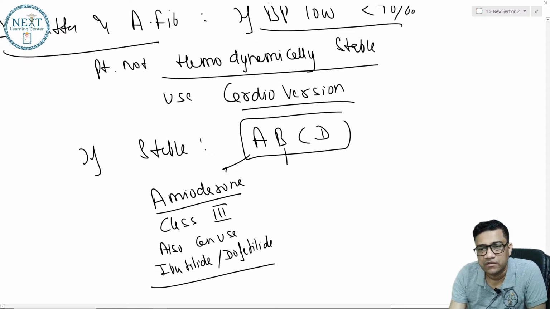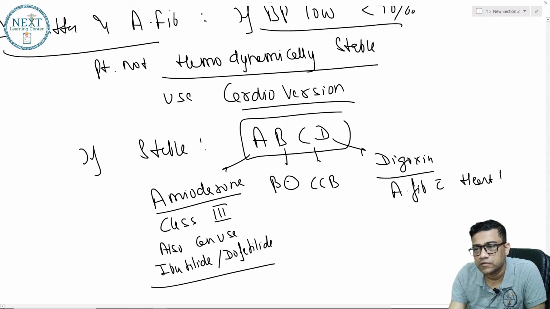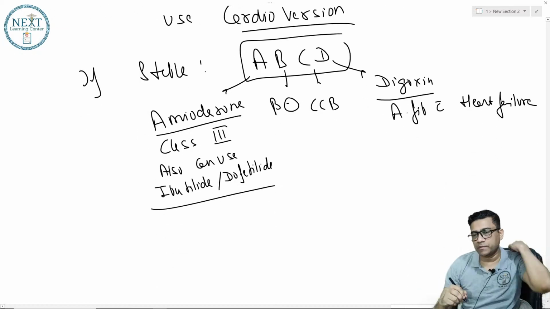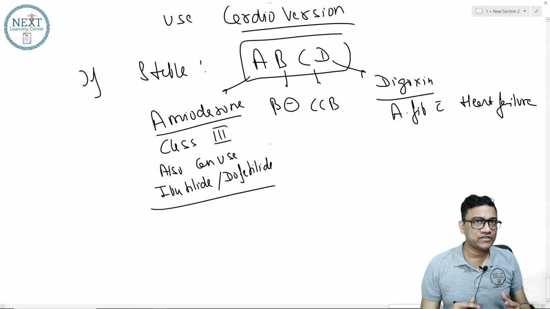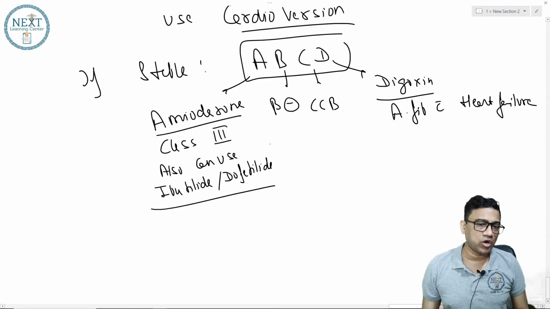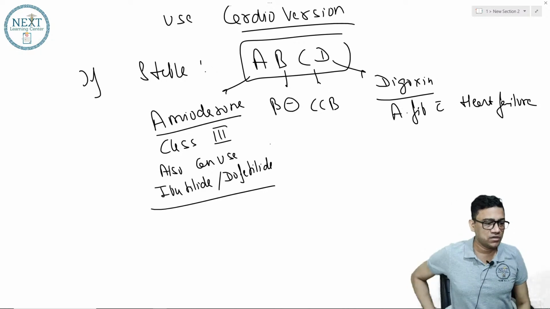Then B for beta blocker, C for CCB, D for digoxin. Digoxin is preferred if there's AFib with heart failure. So that is the treatment plan. These are basically used for rate control. If there's a tachycardia, we can use the beta blockers to bring the rate down. Otherwise, the main drug is amiodarone in this case also.